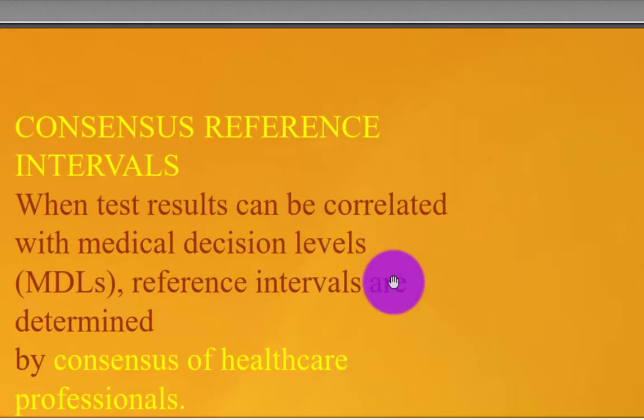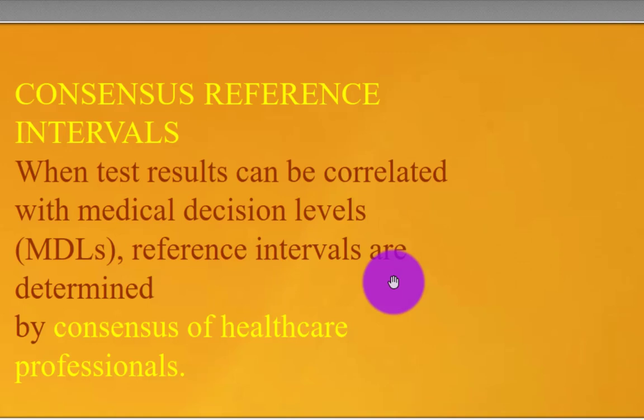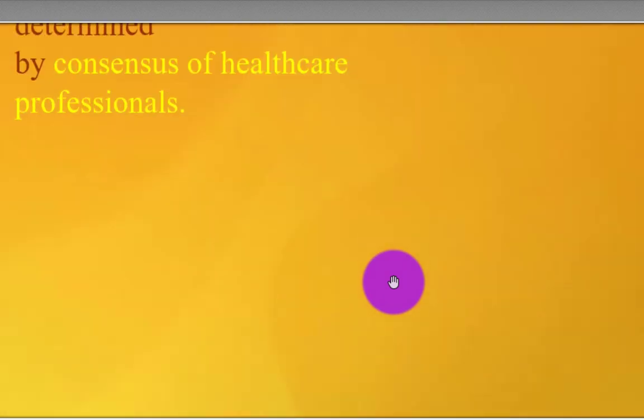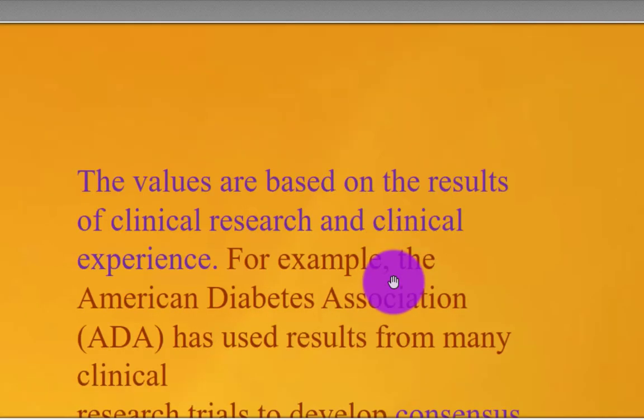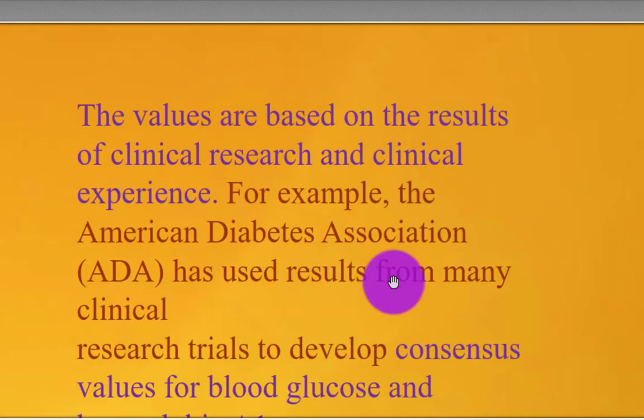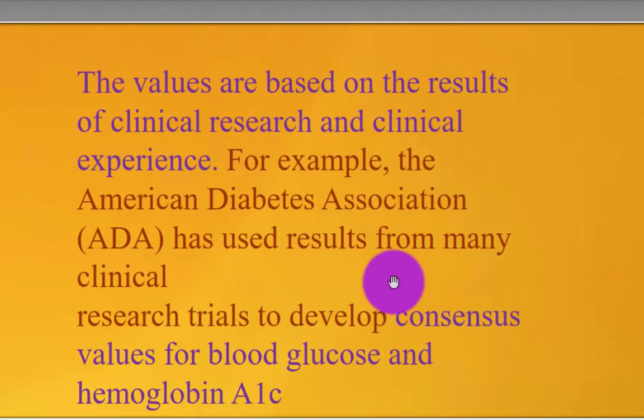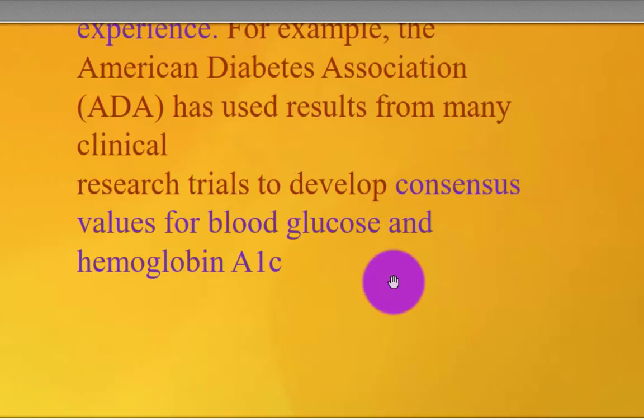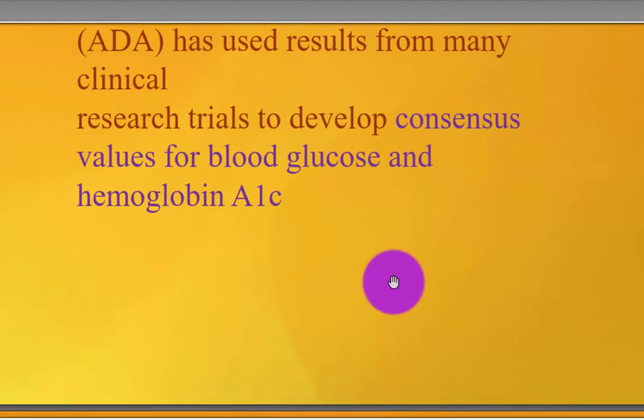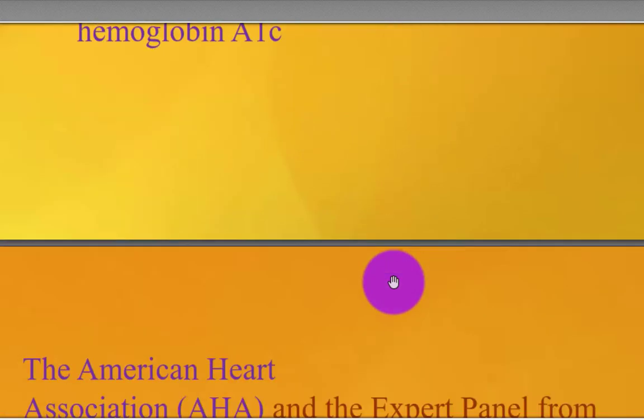Consensus reference intervals are used when test results can be correlated with a medical decision level. Reference intervals are determined by consensus of healthcare professionals. The values are based on the results of clinical research and clinical experience. For example, the American Diabetes Association has used the results from many clinical research trials to develop consensus values for blood glucose and hemoglobin A1C.